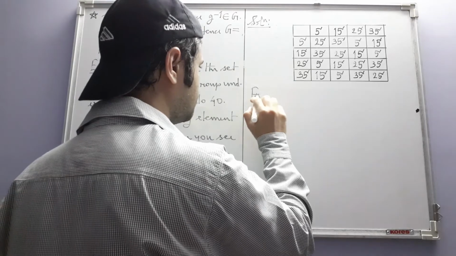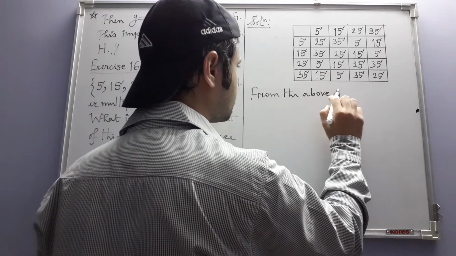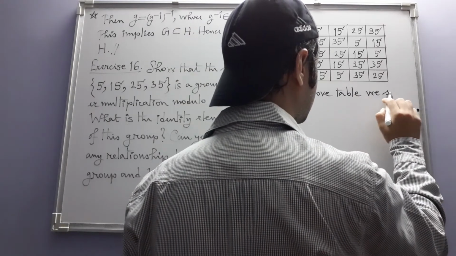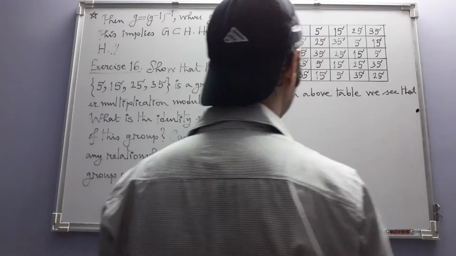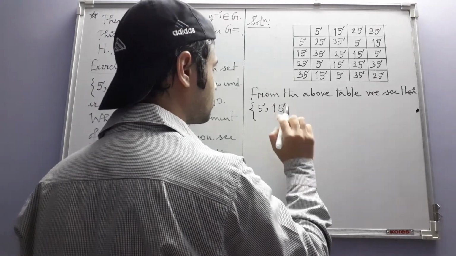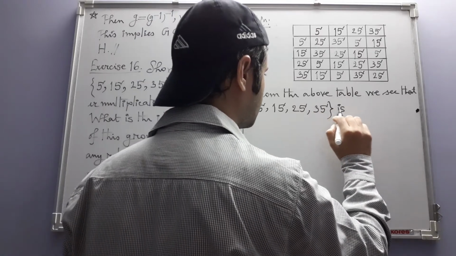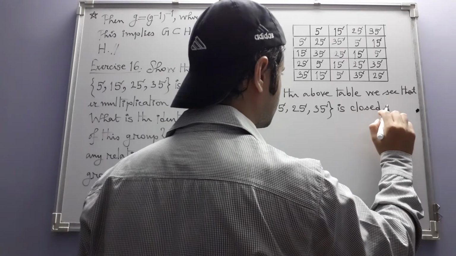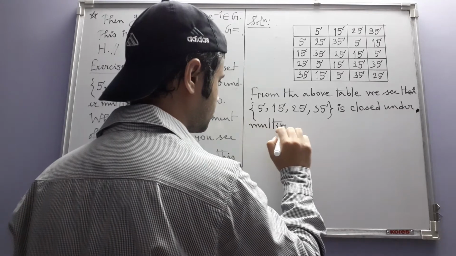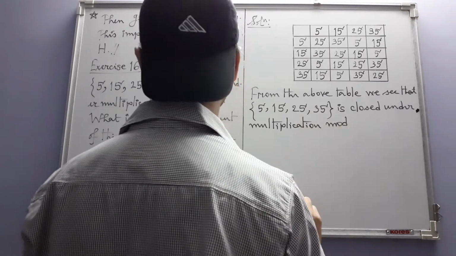From the above table, we see that this set is closed under multiplication modulo 40.